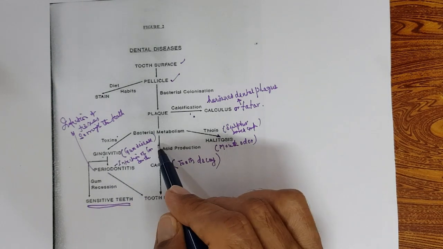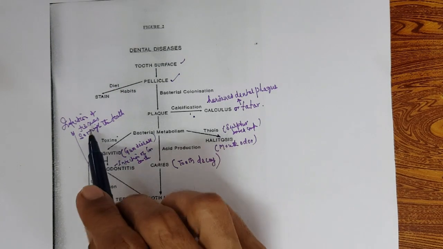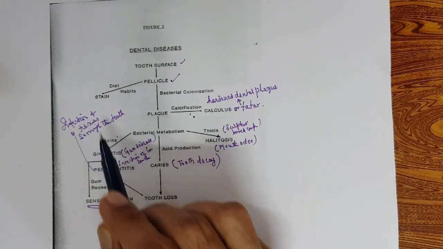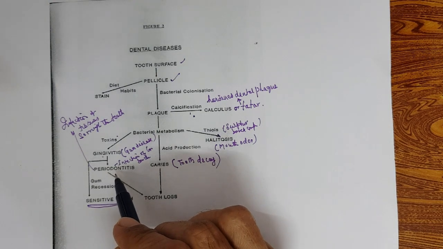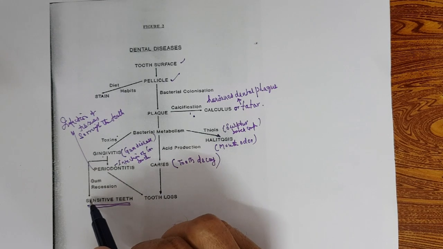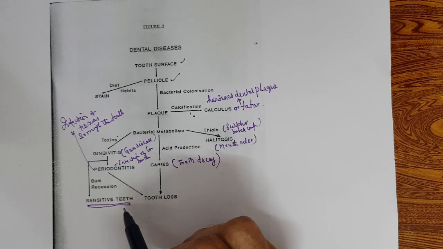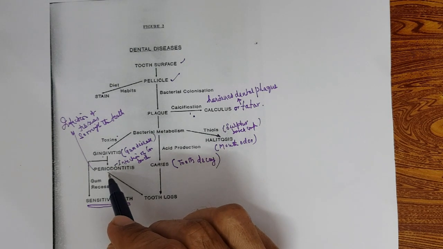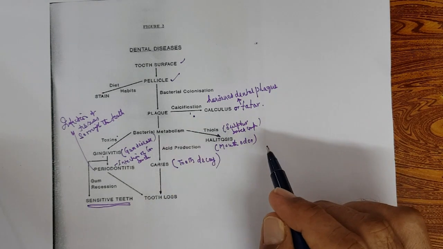It causes gingivitis. Then infection of the tissue surrounding the teeth is called periodontitis. Gingivitis leads to gum recession and sensitive teeth. Periodontitis also leads to tooth loss.